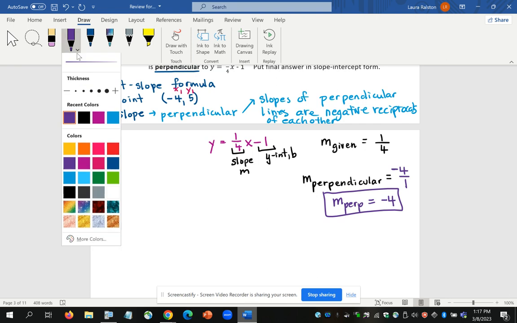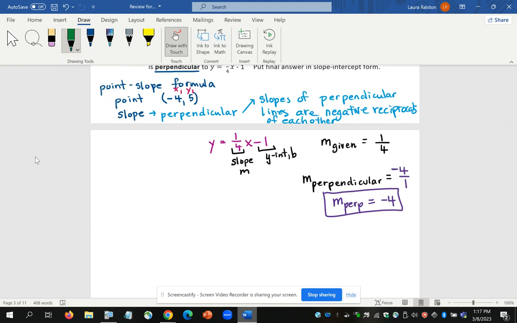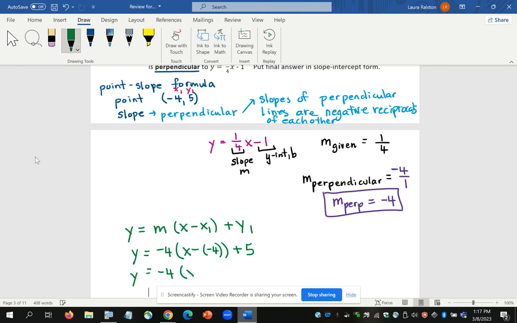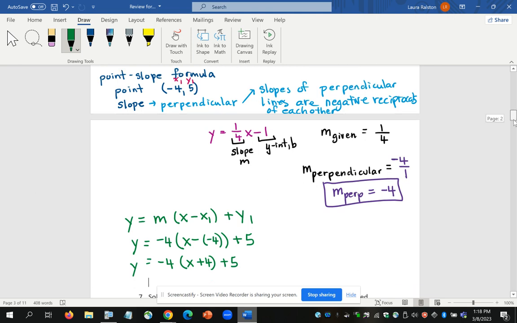So substituting into the point slope form, y equals m times x minus x1 plus y1, I would have y equals -4, my perpendicular slope, times x minus the -4 plus 5. So I have y equals -4 times x plus 4, negative and a negative make a positive, plus 5. But I'm not in slope intercept form.